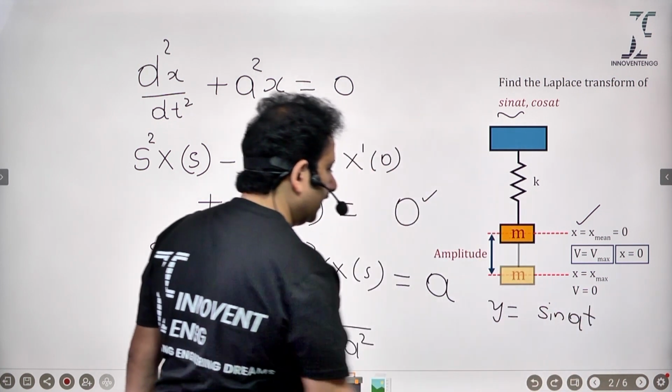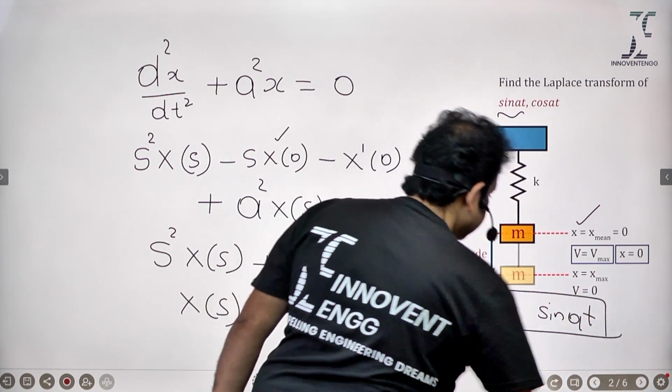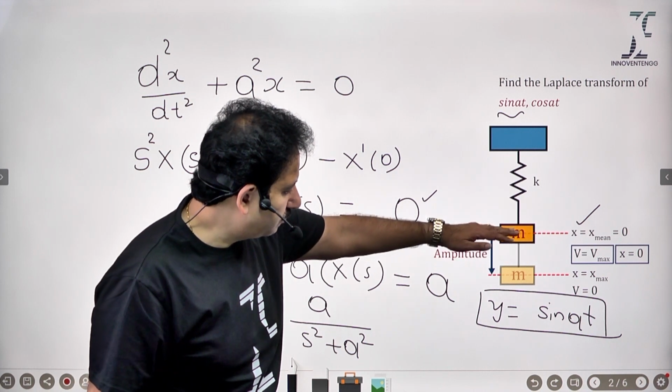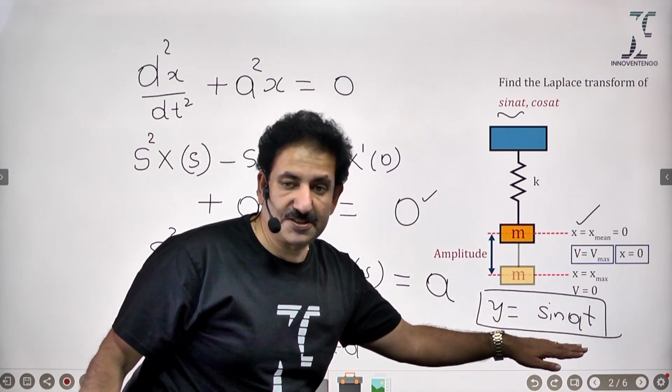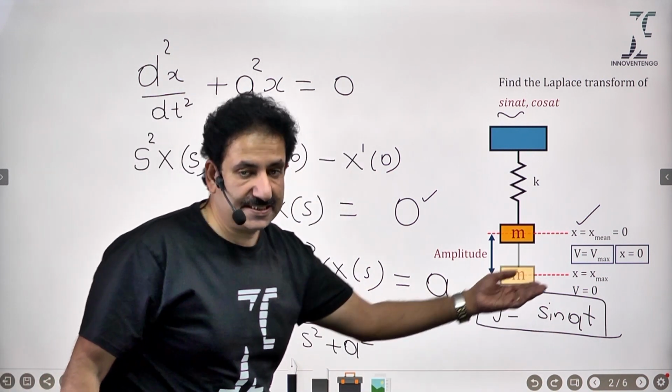And of course, if you assume the amplitude to be unity, then this is the solution. If you are incepting any simple harmonic motion from the mean position, that simple harmonic motion is represented by y equals sine at, which is nothing but the time domain response of the system.